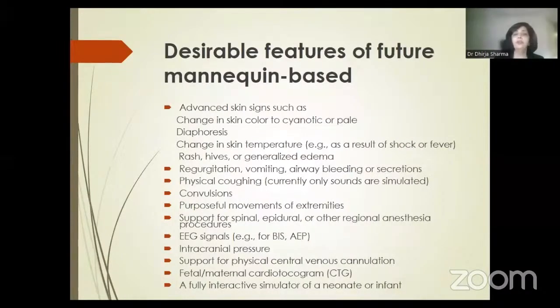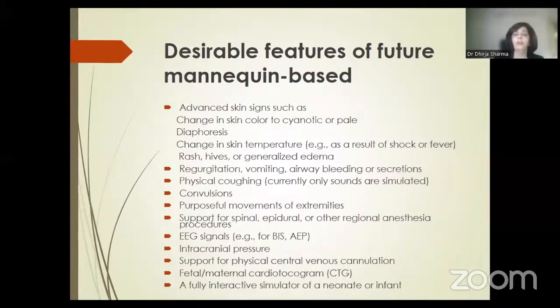What are the desirable features of future mannequin bases? There should be advanced skin signs, such as change in skin color, etc. Diaphoresis and change in skin temperature should be seen. We should be able to mimic regurgitation, vomiting, airway bleeding, physical coughing, convulsions. Purposeful movement of extremities should be there.